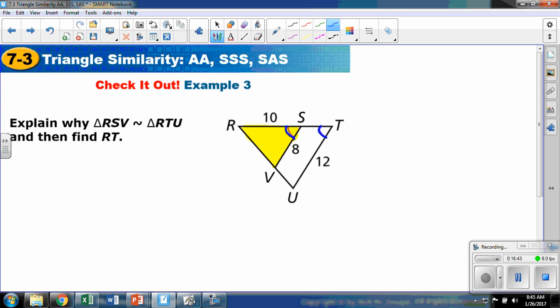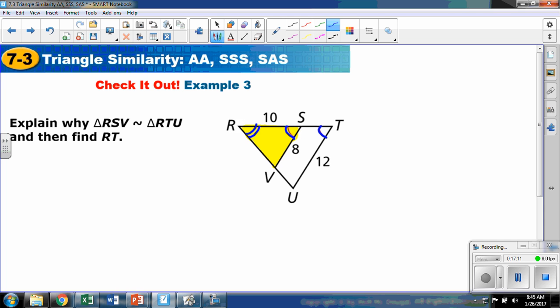Do you see another pair? They are sharing that angle R. Angle R is an angle in both the yellow triangle and the overall big one. Because of that, I've got two pairs of angles. I can use angle-angle similarity, and that's that.